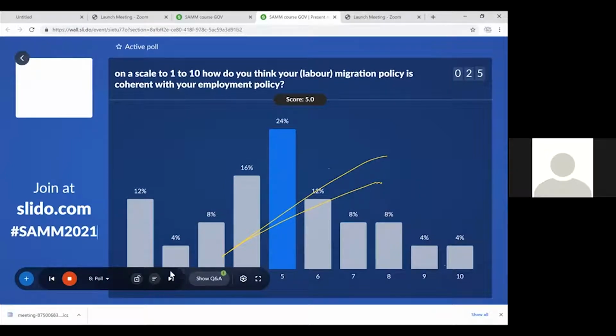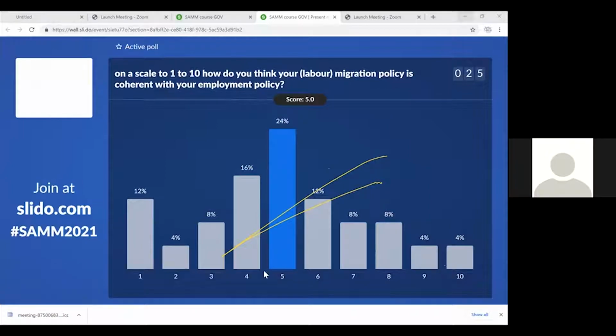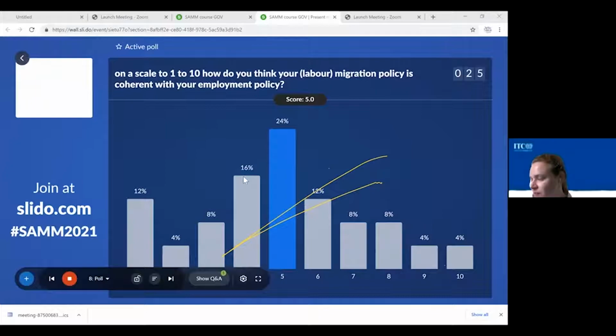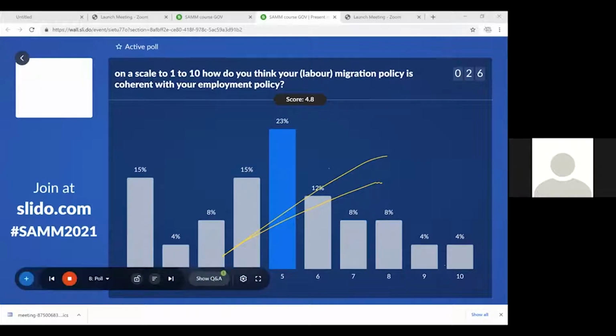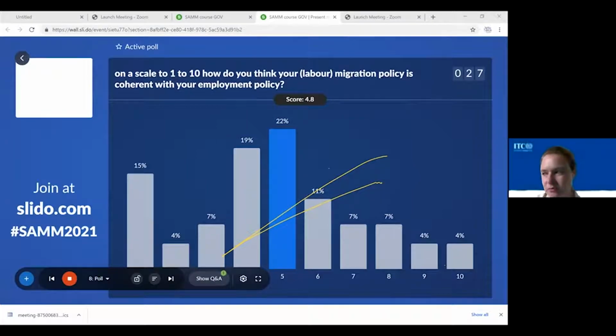Can somebody help me with the interpretation? I'm getting Portuguese or French or what, I don't know. May somebody switch me to English language? I'm moving the cursor on the bottom and I don't see anything. You don't see interpretation? You should see it at the bottom. I assume you're looking for English, right? Yes, I'm looking for English. On my left, I see mute, an arrow up, video camera, participants, share screen, chat, and leave the meeting.